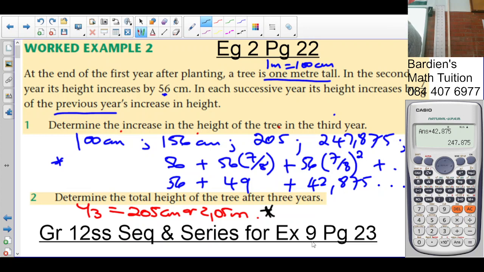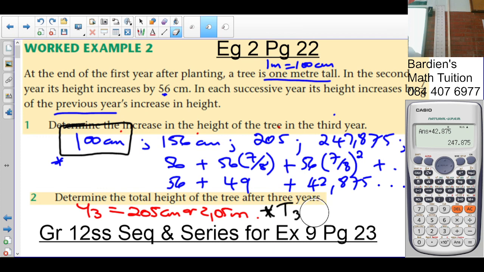But say you didn't know that. Remember that this 100 centimeters does not conform to the pattern. So, not T3, but the sum of the 3 years. Why sum? Because the previous years will be accounted for as well.